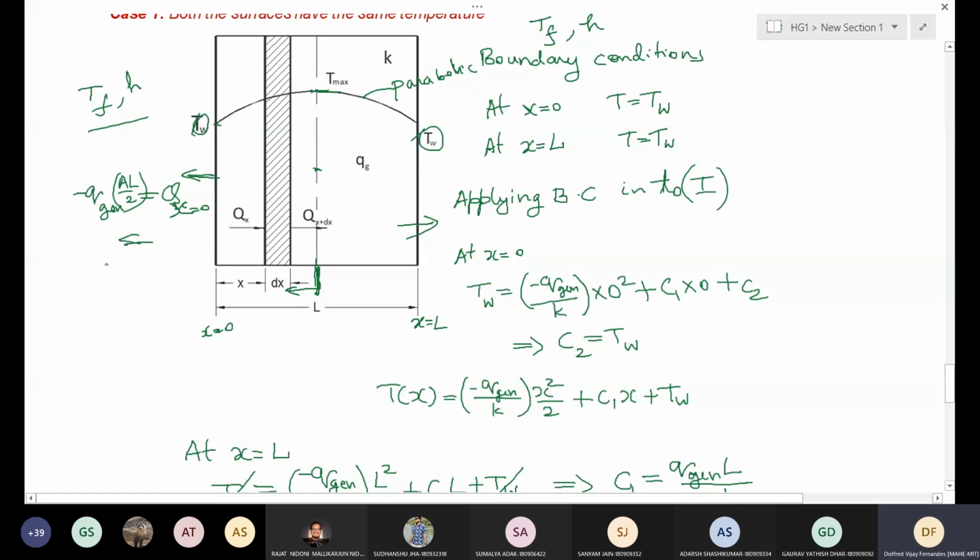So we can say that Q at x equal to 0 equal to Q convected. And on the other side also we can write Q at x equal to L equal to Q convected.